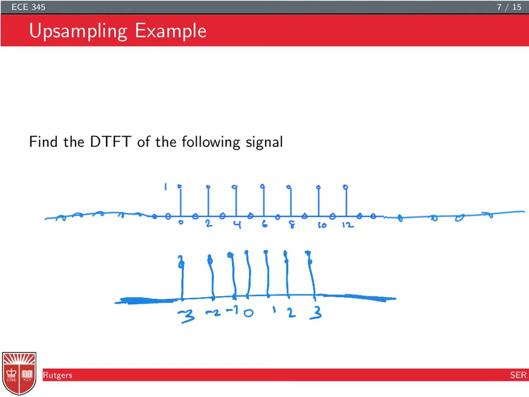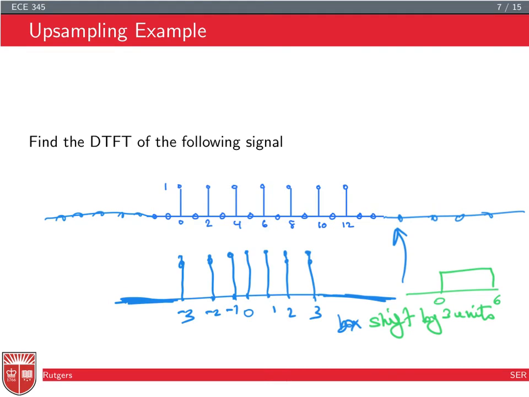So the way I can go from this box to this signal is first shifting the box to the right by 3 steps, and then upsampling. So first I do the time shift: instead of the box being here, the box would start at 0 and would end at 6.